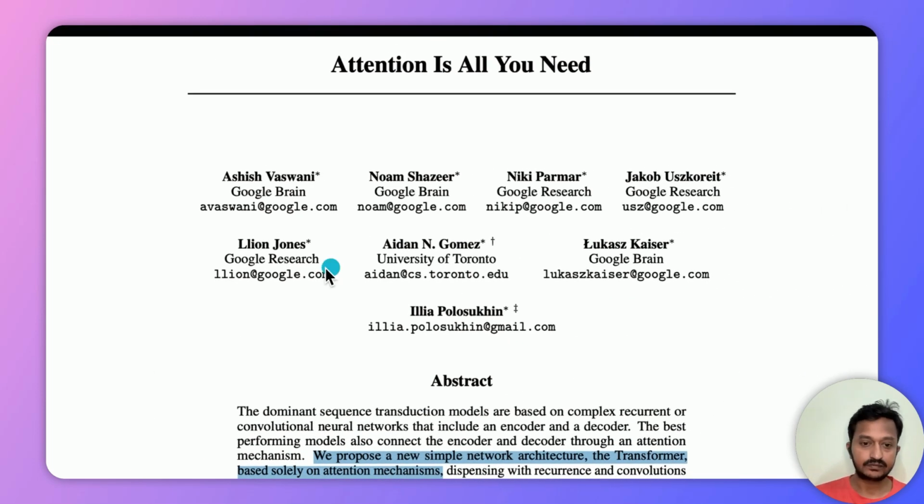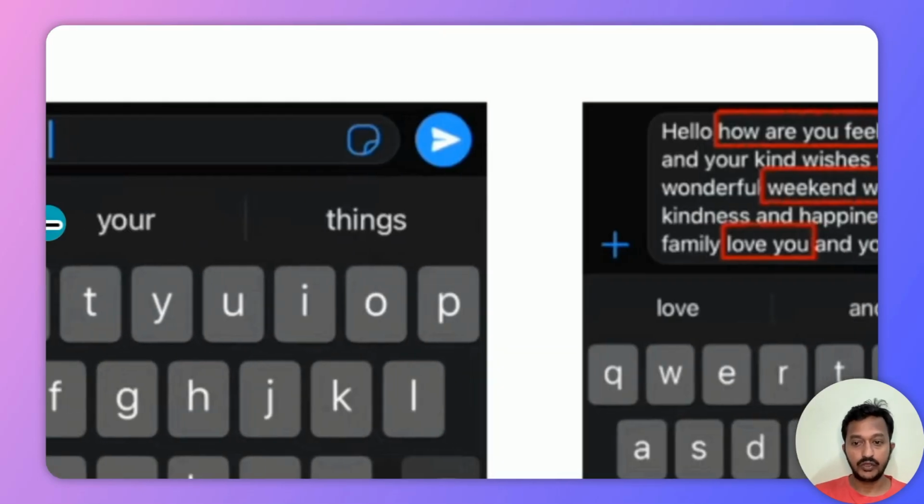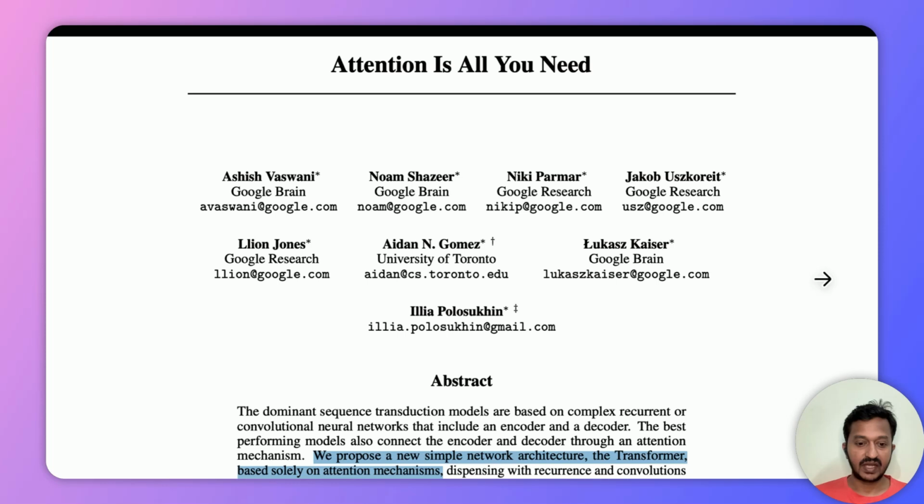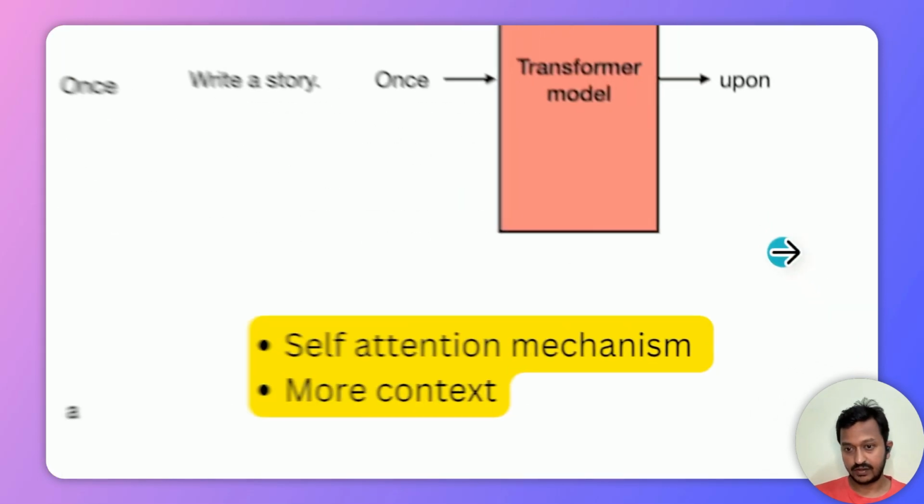Like we saw, these neural networks did not carry any context of what happened, and did not have any self-attention mechanism. They were not aware of what's happening, and were only good at predicting the next word. That is when the transformer model was introduced, right?